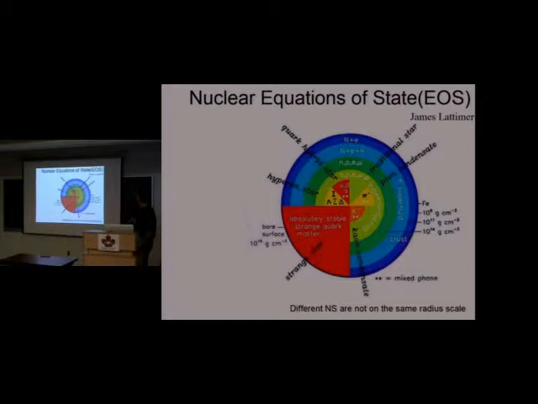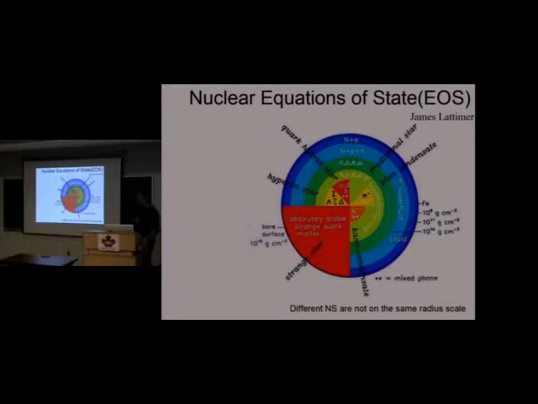You have some surface, and basically it is solid at the surface with a density of about 10 to the 6th, and consists of nuclei plus electrons, and the actual structure will depend on magnetic field, but we're not concerned about that.